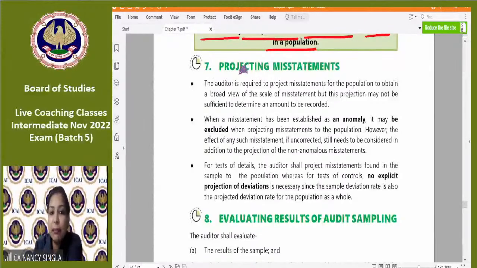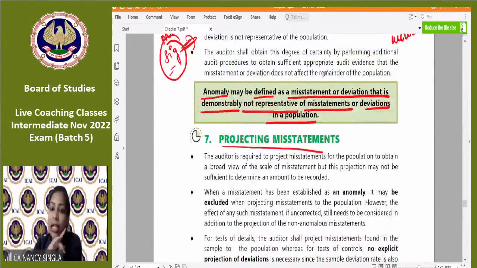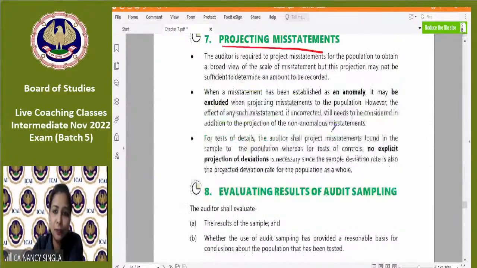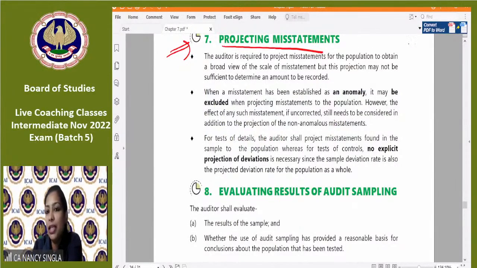So projecting misstatement, anomaly clear है that this is a misstatement, but that is not representative of the entire population. ठीक है? Management से discuss करोगे तभी पता चलेगा ना क्या था. Now, projecting misstatements. If you remember, we did कि अगर 100 की sample में 20 mistake है, तो 1000 की population में 200 mistake है. Clear? ये किया था ना हमने.